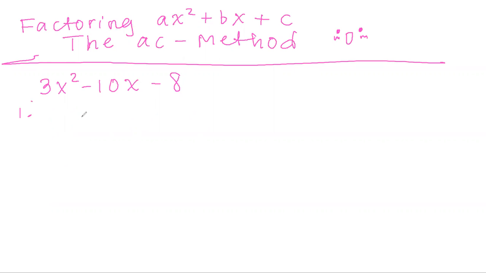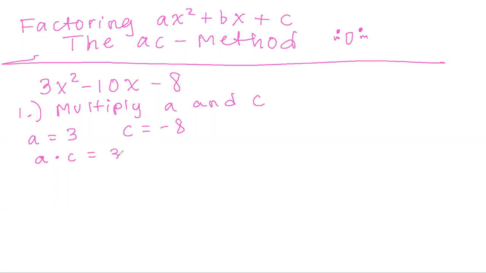So the first thing is I'm going to multiply A and C. So my A value is the number in front of the x squared, which is 3. And my C value is the last term here, which is -8. So A times C is equal to 3 times -8, which is -24.